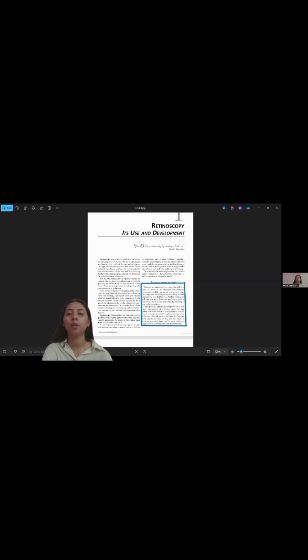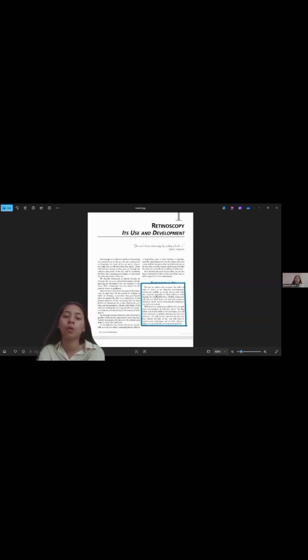This is the first chapter, retinoscopy, its use and development. In chapter number one, it describes the objective methods of finding the refractive power of the eye.